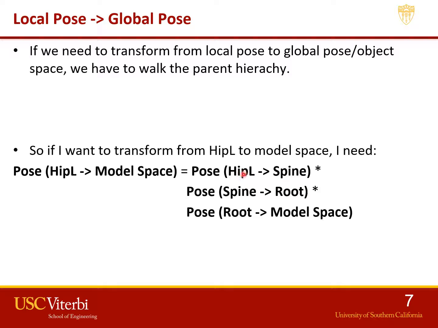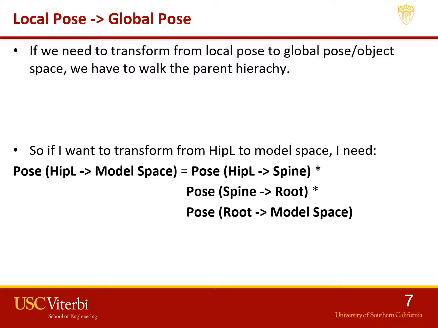And so like we'll go hip up to spine, and then spine up to root, and maybe that one's been animated. And maybe the artist has the ability to move this root bone too. And so we'll have to apply a matrix for the root to get out to model space. We'll chain those together, and now we have the vertex after it's been animated in model space. And we get there by multiplying up the chain.